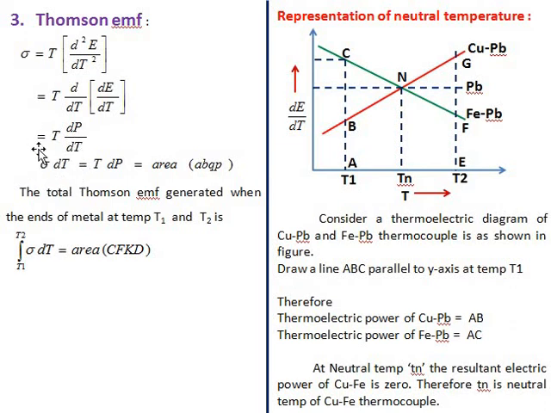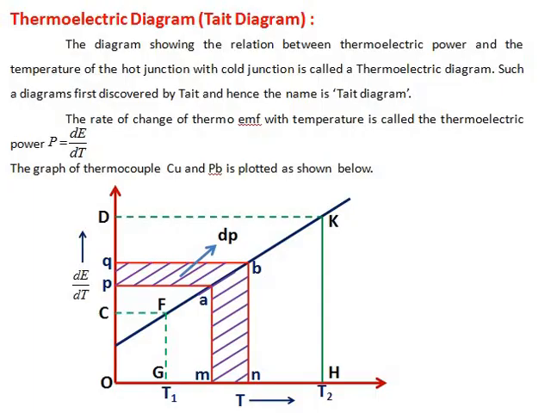So sigma into dt is equal to T into dP. So T into dP is equal to area under ABQP. Clear? So here you can see area under ABQP, that is T into dP.